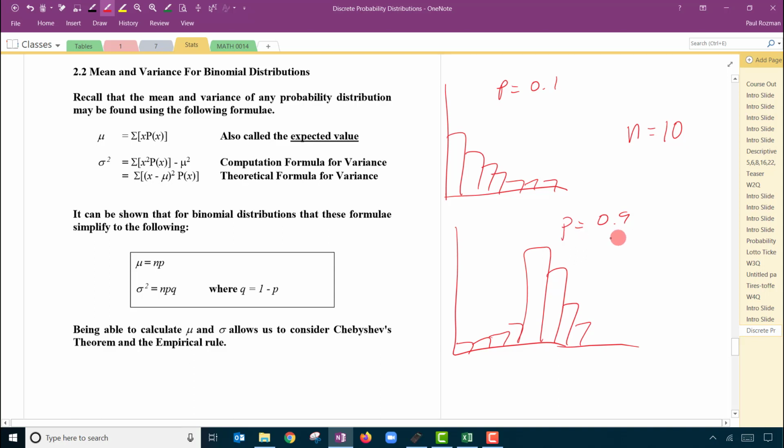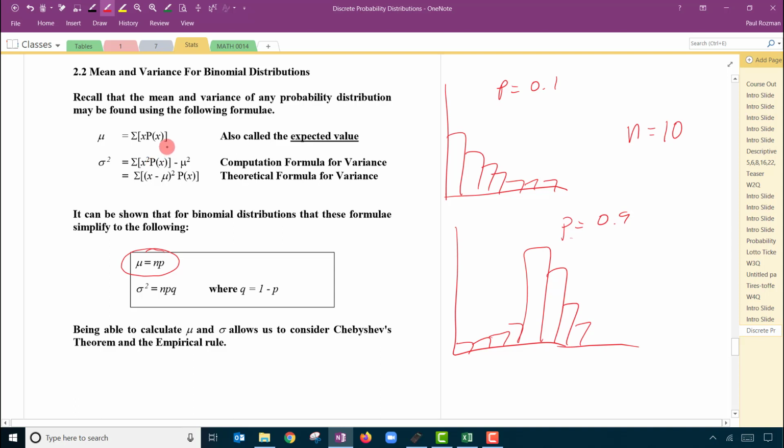If I tell you there's a 90% chance of being successful and you repeat something 10 times, you'd expect to be successful 9 times. And that's what the average ends up being. It's just n times p, which is much simpler than the calculation we had to do for expected value for just any old discrete probability distribution.